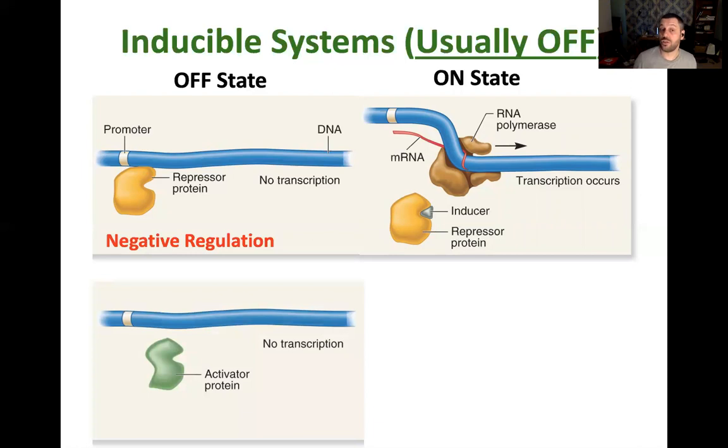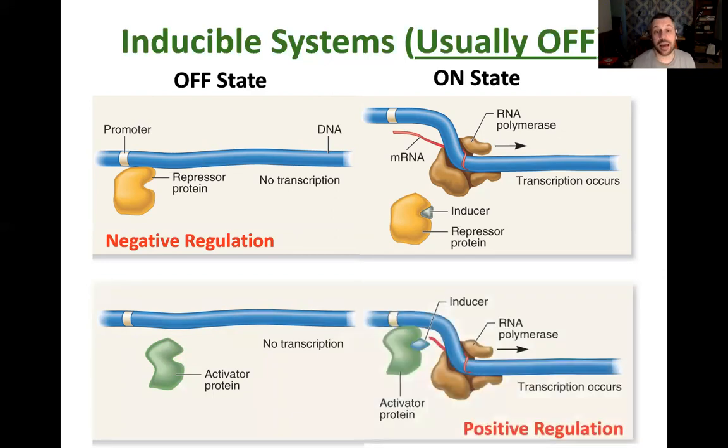The other way you can do it is what is called positive regulation, which means that there's essentially no repressor involved. So this gene is just off naturally all of the time. In order to be turned on, it has to be bound by some kind of activator protein, as is shown in the bottom panel here. And what you can see here is that the opposite is true. This is positive regulation.